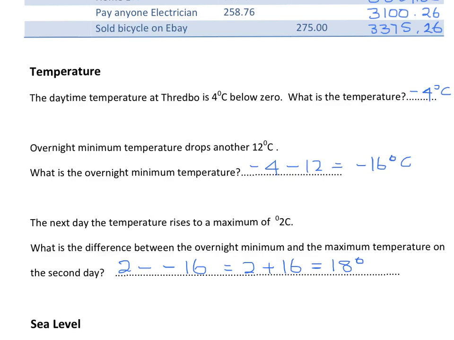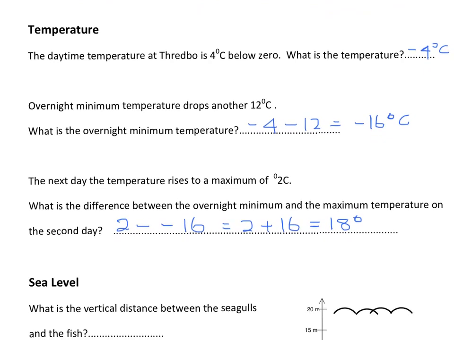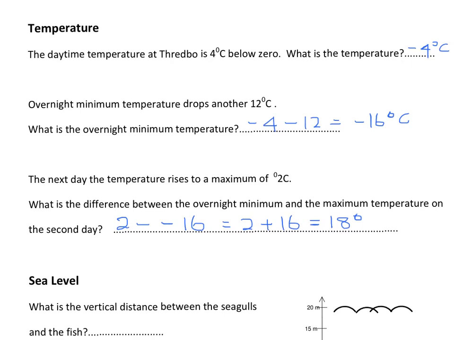Now we can show that quite nicely on a number line. I'll just make myself a little bit of room here, draw in a nice horizontal line, which is my number line, and I'm going to mark off 2 degrees centigrade there, which was my maximum temperature on the second day.